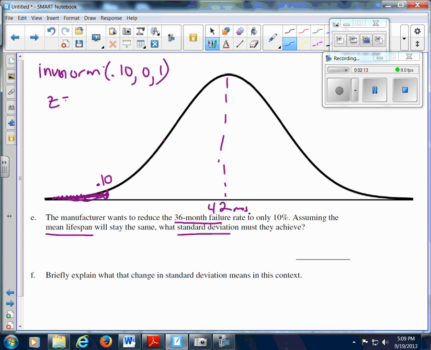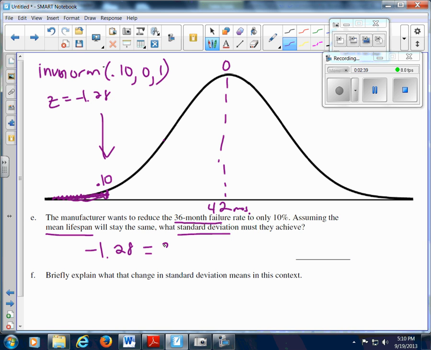So I've got a z-score of negative 1.28. That means I am a little over one standard deviation away from the mean. Remember, a mean has a z-score of 0. So if I know a z-score is negative 1.28, I can plug that into my z-score formula.